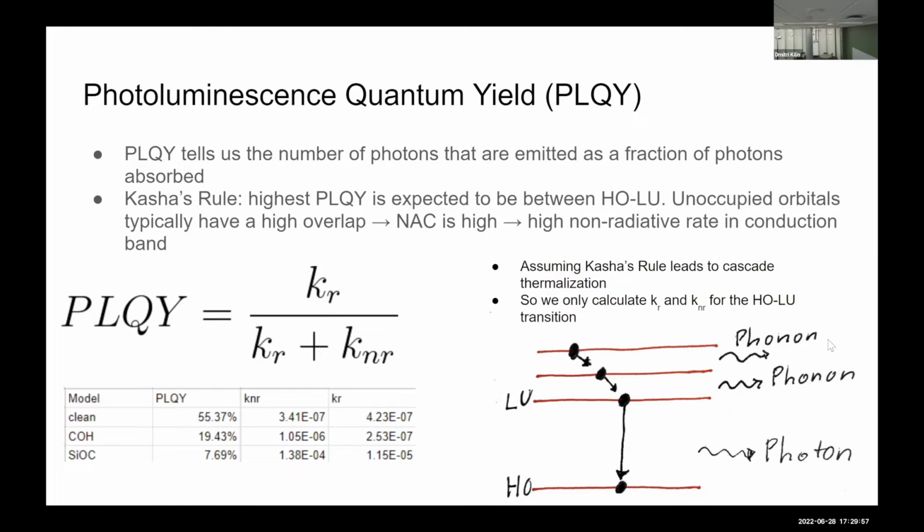As an example of some of these values, you can see down in the corner that I calculated for a few of my models. The first model has about a 55% quantum yield, so about half of the photons that are excited, or half of the electrons that are excited, will release another photon. And as defects are added into it, COH and SiOC, that quantum yield goes down by quite a bit.